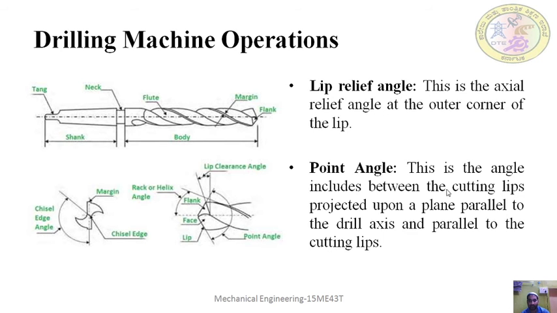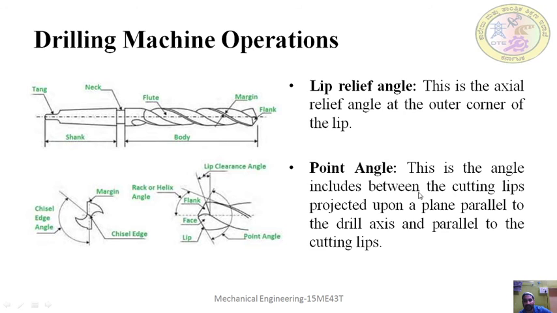Point angle. This is the angle included between the cutting lips projected upon the plane parallel to the drill axis and parallel to the cutting lips. This is the point angle you can see here. When the cutting edges are projected, the angle formed between the starting point of this drill bit, the lip cutting edges, if you extend this, then the angle formed between these two is called as point angle.